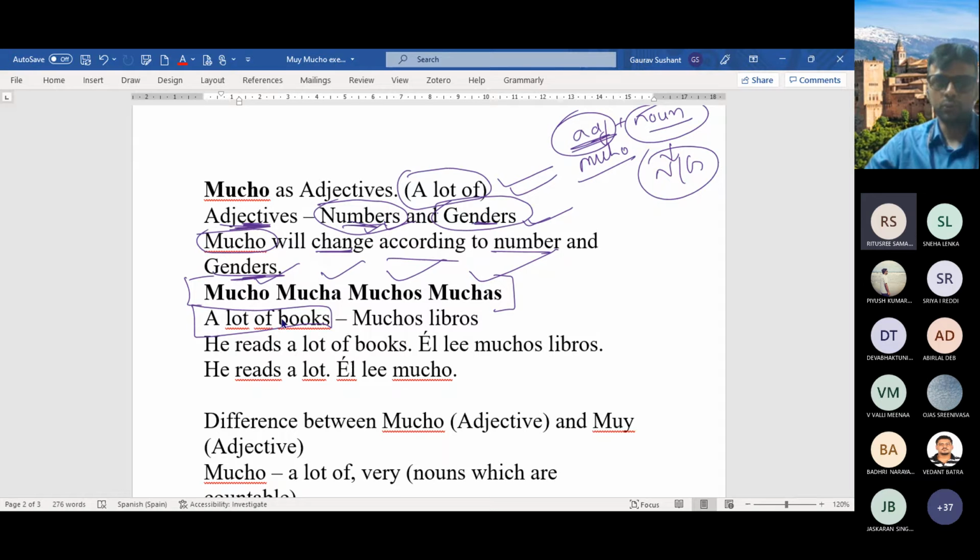Here books is the noun, and that will be libros. So libros is what? A masculine plus plural noun, isn't it? So you have to choose that masculine plus plural form of mucho, and that is basically muchos.